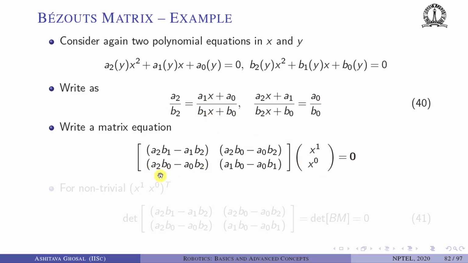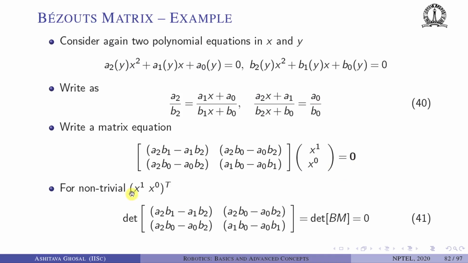Similarly, the second equation will be (a2 b0 minus a0 b2) into x plus (a1 b0 minus a0 b1) into x to the power 0 equal to 0. For a non-trivial solution, with x to the power 1 and x to the power 0 treated as independent variables, the determinant of this matrix must be equal to 0. So this is the Bezout's matrix.